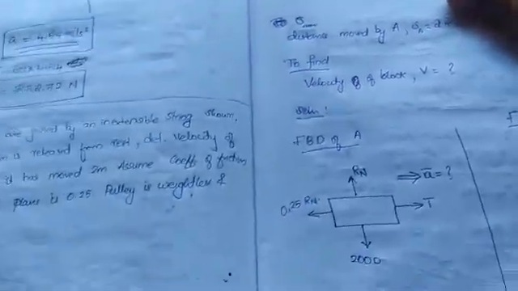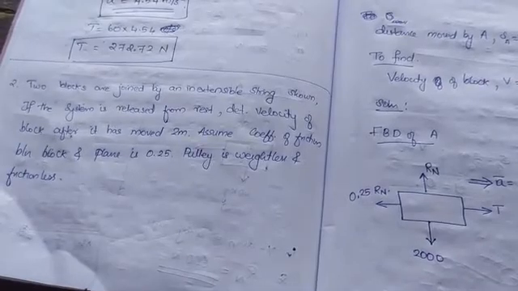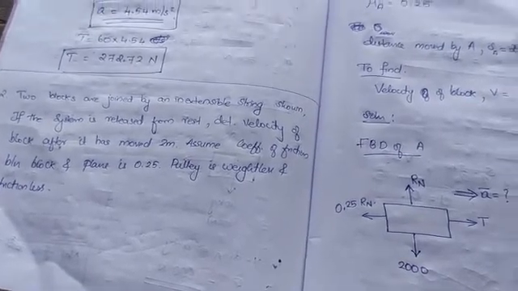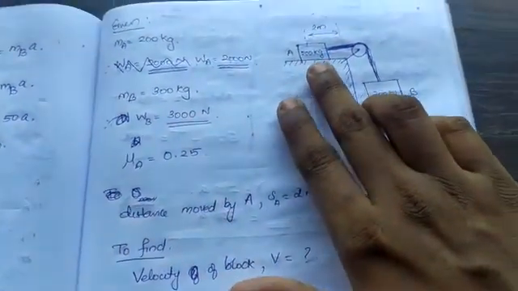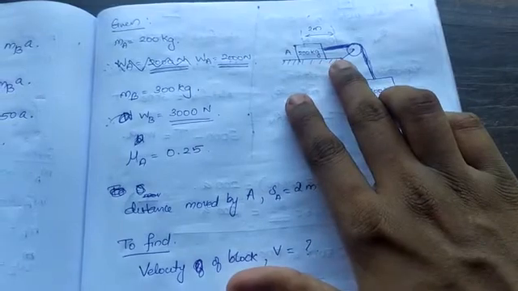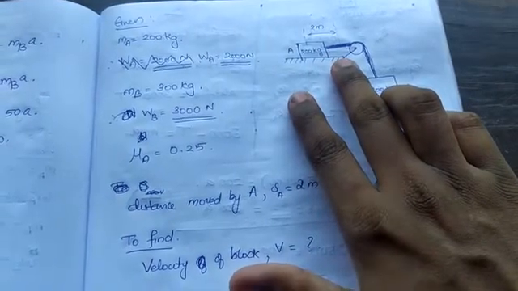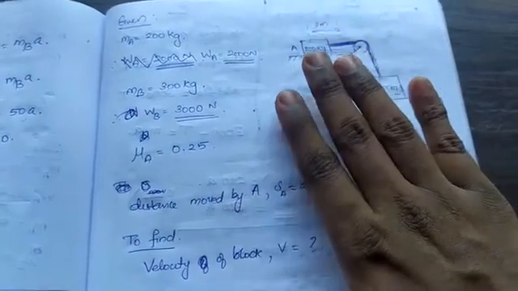What you need to find out is the velocity of the block after it has moved 2 meter. So what happens if it moves 2 meter, and at what velocity will this move? Not acceleration, velocity.